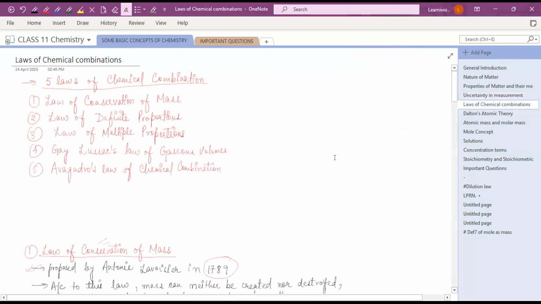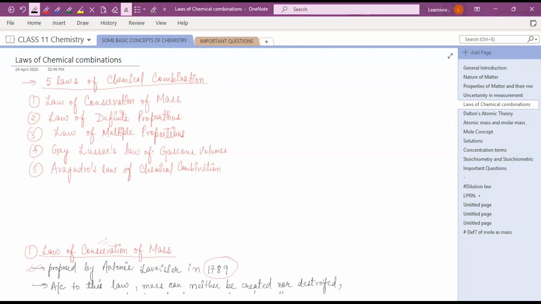Okay. So now here's a topic which is law of chemical combinations. So we know that chemistry usually involves chemical reactions, right? And in chemical reactions, two or more elements combine to produce a single compound, right?